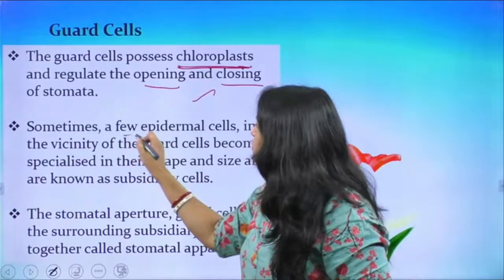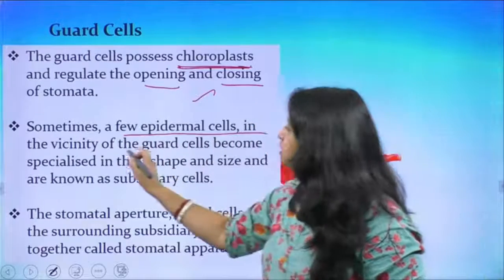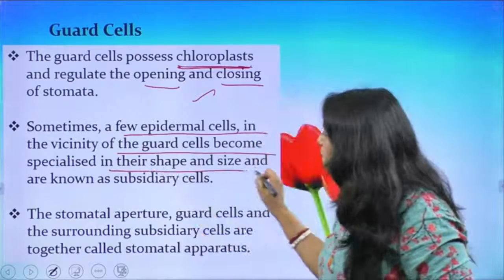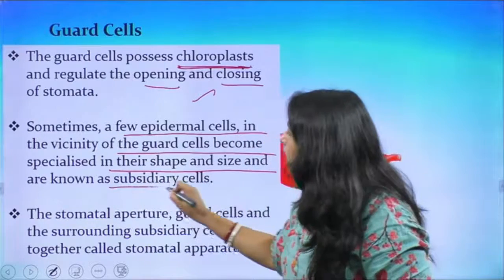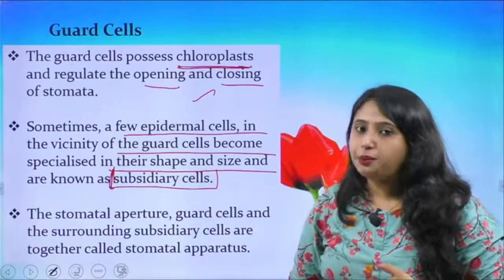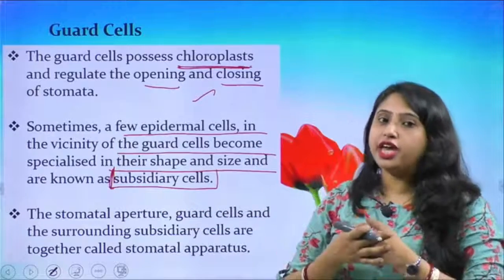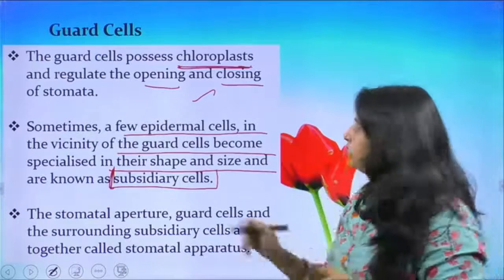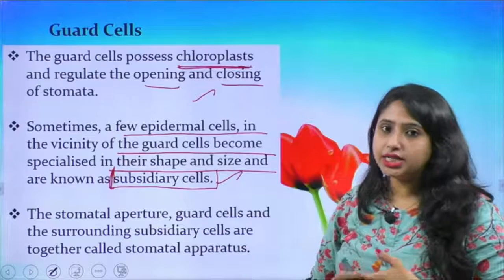Sometimes a few epidermal cells in the vicinity of the guard cells become specialized in shape and size and are known as subsidiary cells. So sometimes a few epidermal cells behave like the guard cells, and they are known as subsidiary cells.